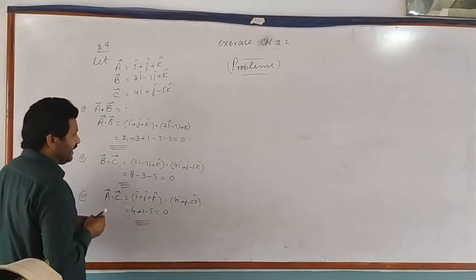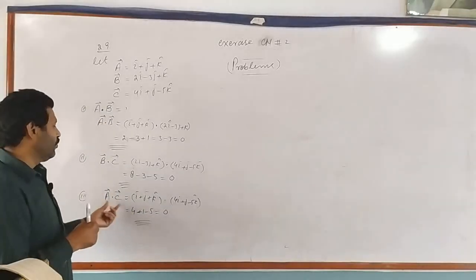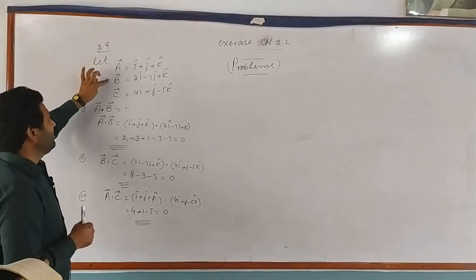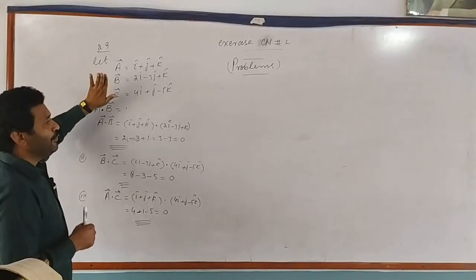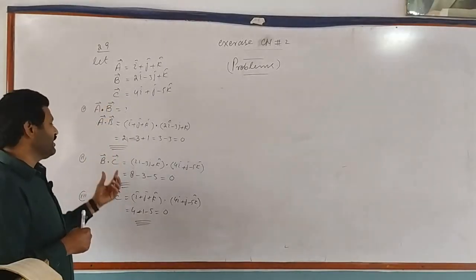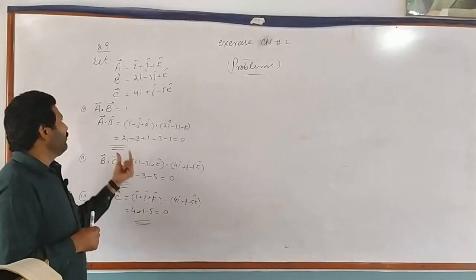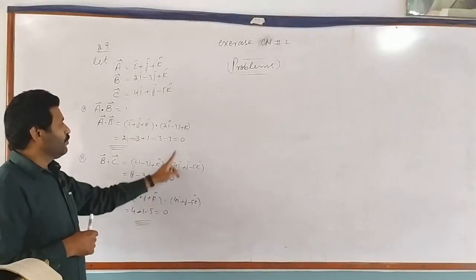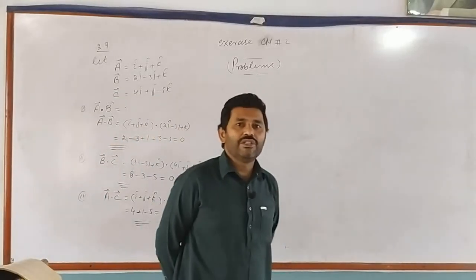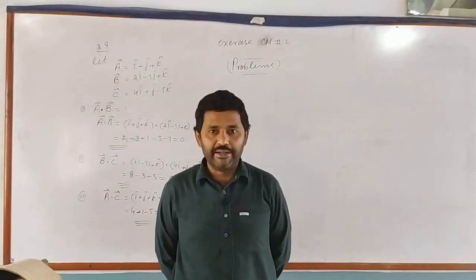So these two vectors A and C are also perpendicular. Hence we can say that vector A, vector B and vector C are mutually perpendicular, as the dot product of any two of these three vectors is equal to 0. So vector A, vector B and vector C are mutually perpendicular.